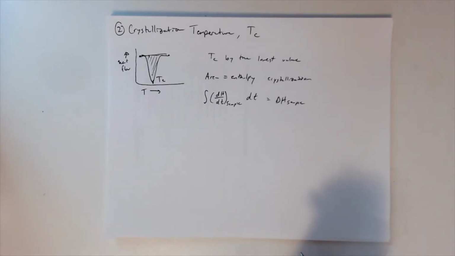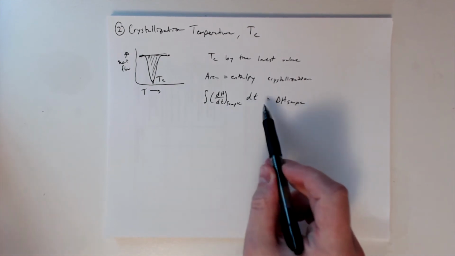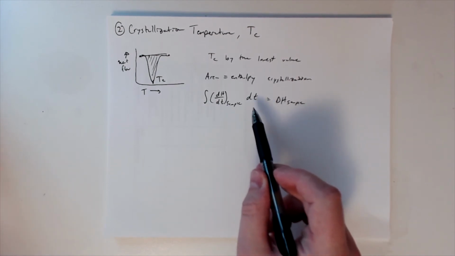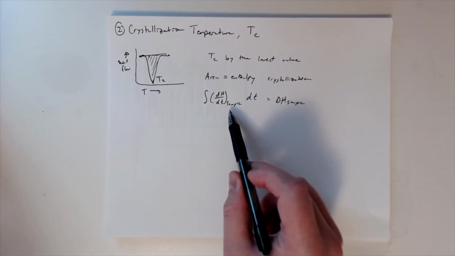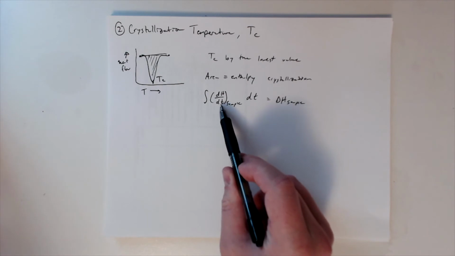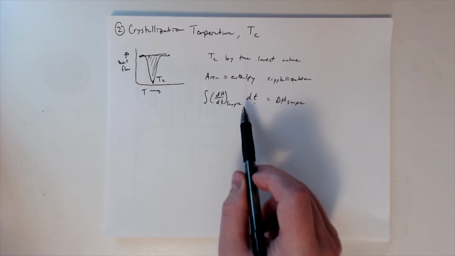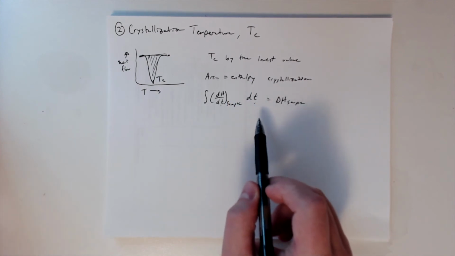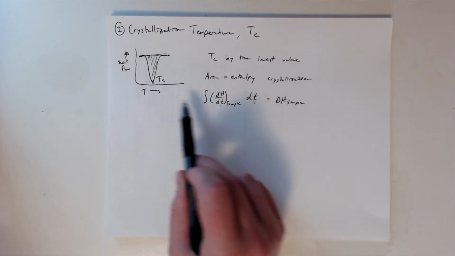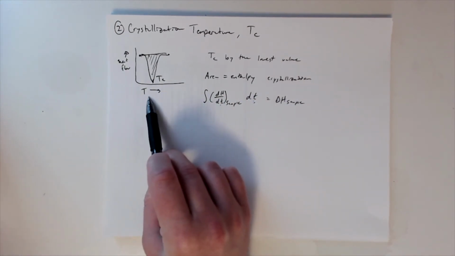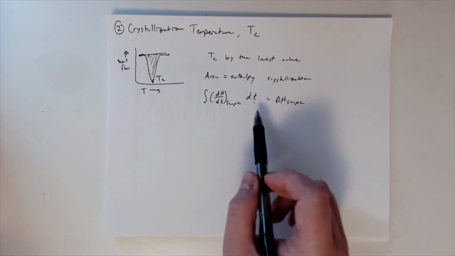So that's why we can use the area underneath, because we're talking about the integral of this with time. So that's what we need. As you can see from this equation, since this is in terms of time and time, we'll also need a factor of the scan rate to be able to calculate this, because the scan rate is what gives the connection between time and temperature. So we also need to account for the scan rate in those cases.